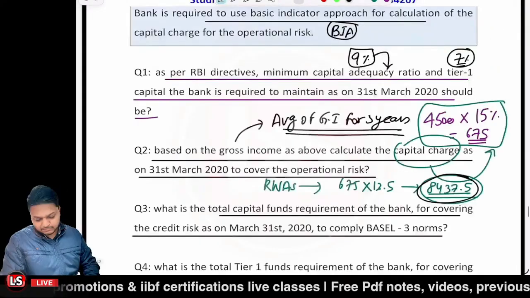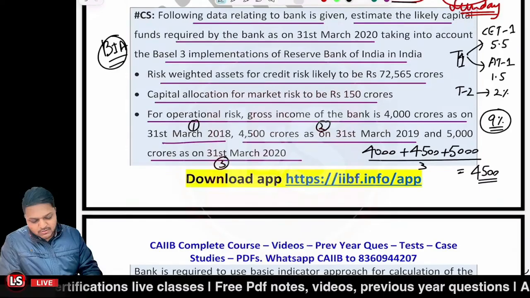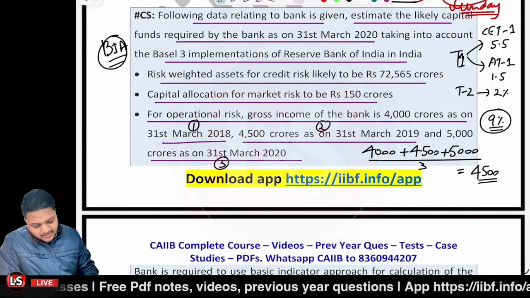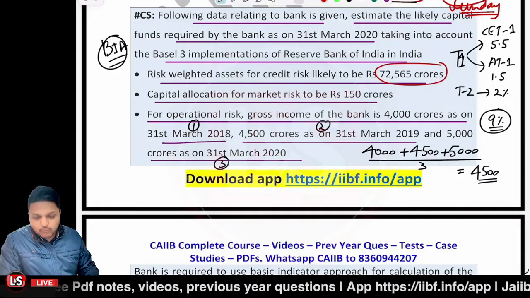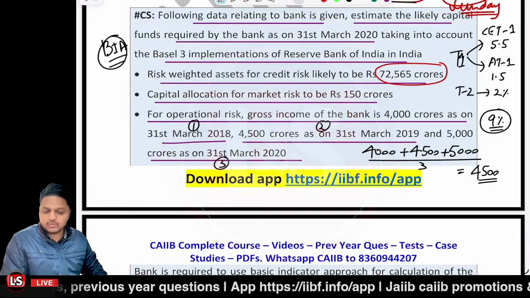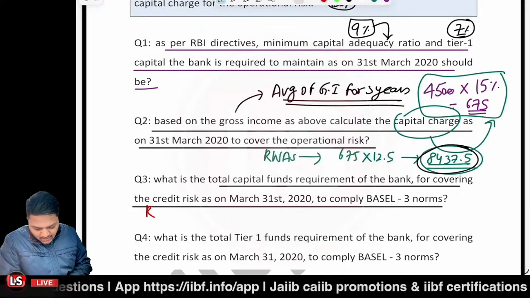For credit risk, we are provided with the risk-weighted assets, mentioned to be 72565 crores. So we can simply mention RWAs at 72565 crores.